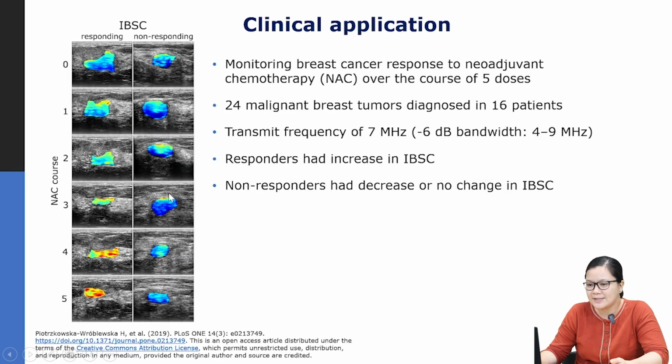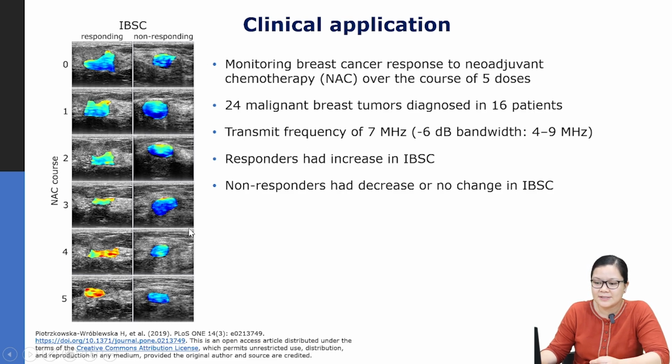And what I showed is an example where the integrated backscatter coefficient was used to monitor the response to chemotherapy in breast cancer patients who received 5 doses. Here, malignant breast tumors were looked at, and they were imaged at a 7 megahertz frequency.